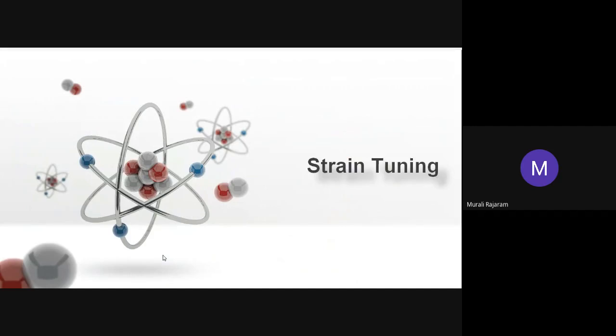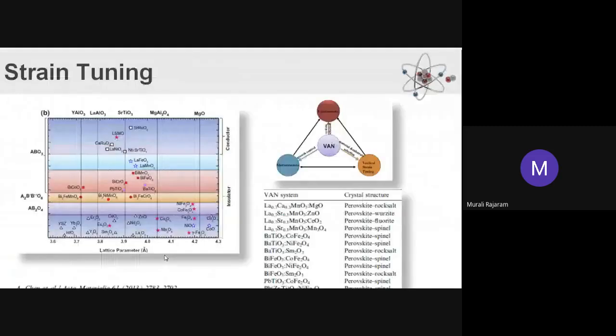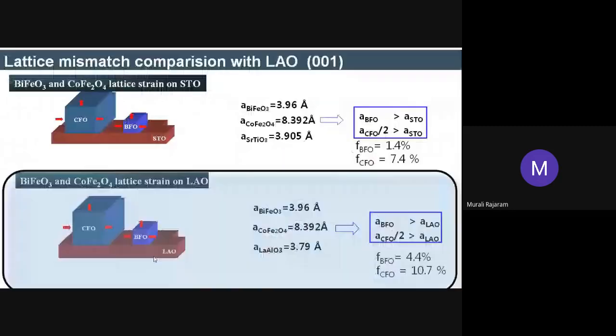So strain tuning is also very important, and we have done some work on strain tuning. Due to time constraint, I will just omit these things. I will just introduce this class of materials called orthoferrites, and then I will close the chapter. So I will quickly skip this strain tuning part.